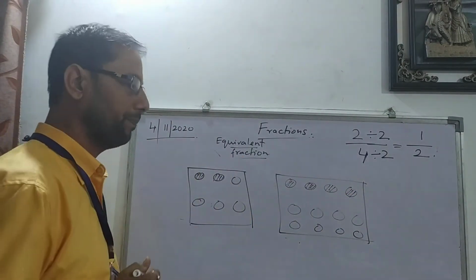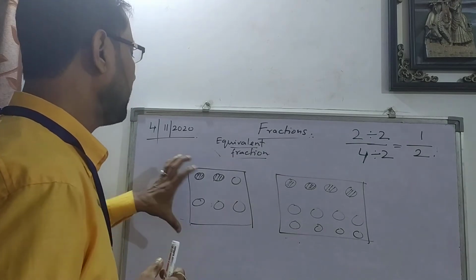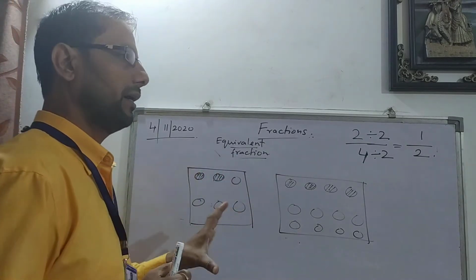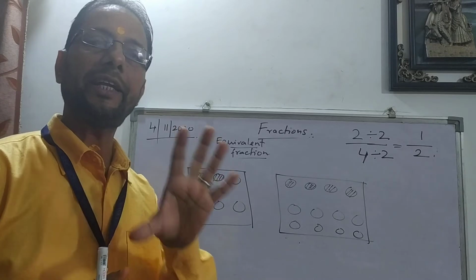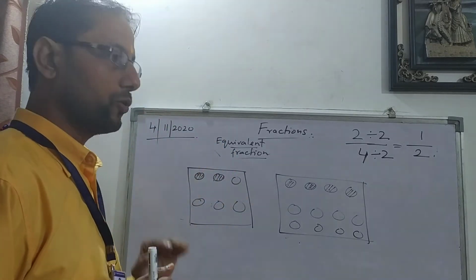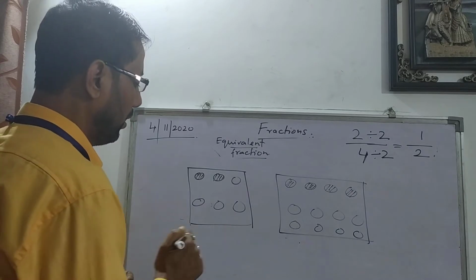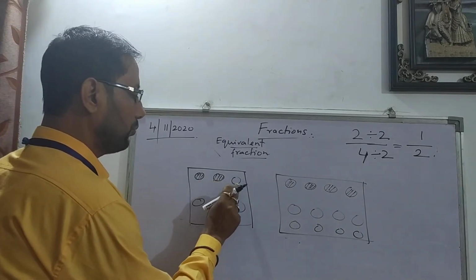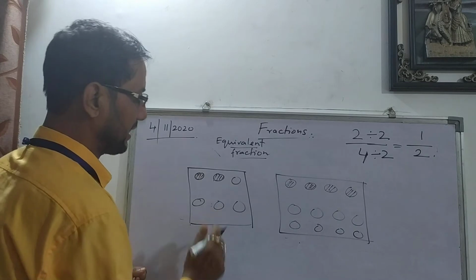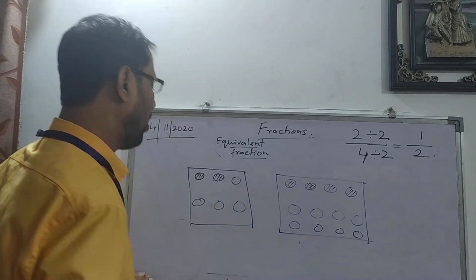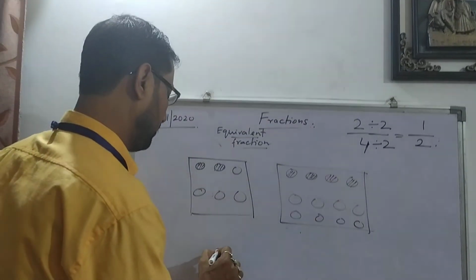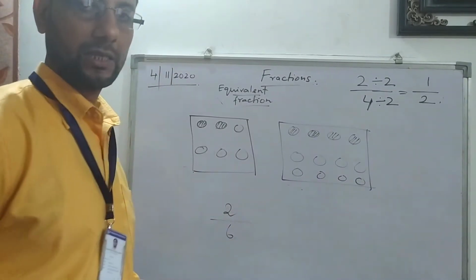Now if I ask you to represent the shaded part in fraction, how will I represent? Total 6. How many are shaded? 2 parts are shaded. 2 by 6.